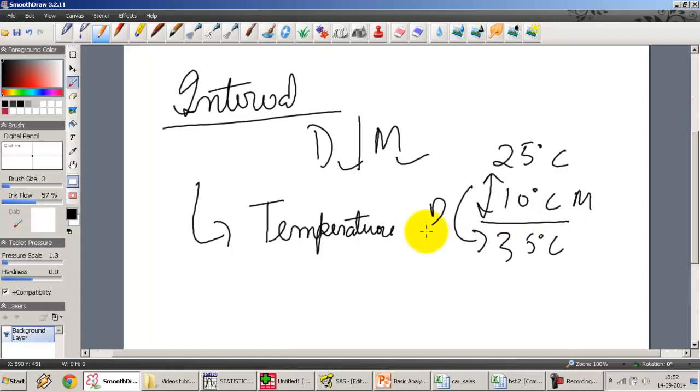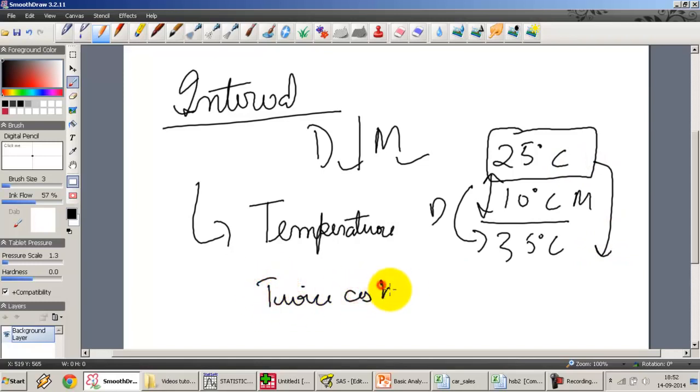But can I do certain operations like, what would be twice as hot as 25 degrees Celsius? Can I make my room twice as hot? The operation is twice as hot. So what would be the temperature of the room if my current room temperature is 25 degrees Celsius? I have to make it twice as hot.